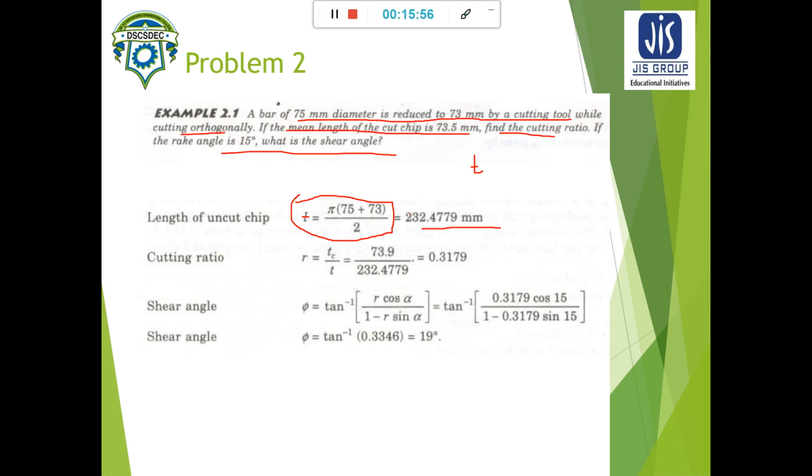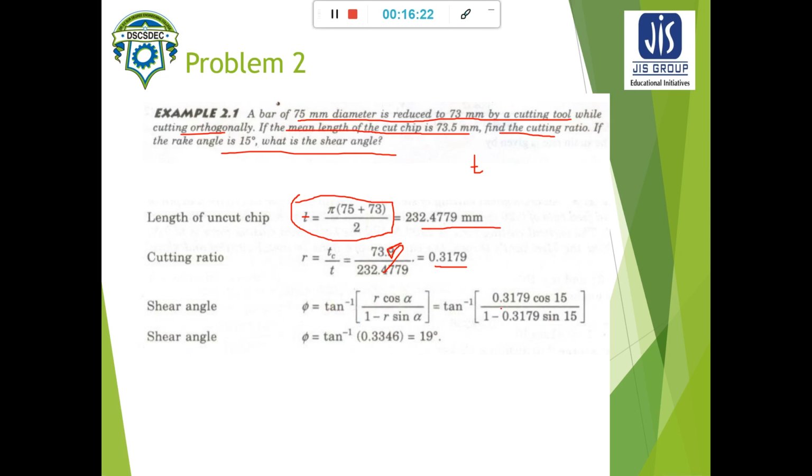So r will be the chip length, that is our length of the cut chip, 73.5 mm. So 73.5 by 232.4779 would give us 0.3179. Now the shear plane angle is given by phi is equal to tan inverse of r cos alpha by 1 minus r sin alpha.